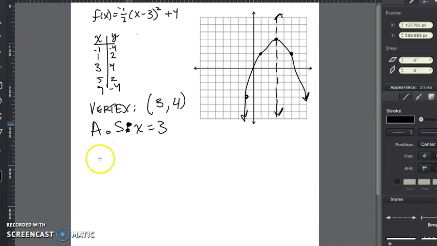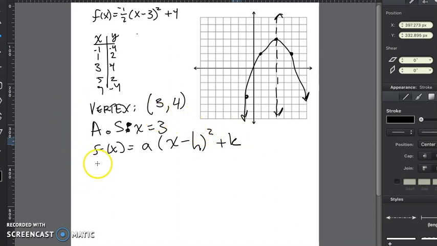I want to talk about the parts of this function. Our vertex form in general is going to be a(x minus h) squared plus k. In this case, our a is equal to negative 1/2. Our h is equal to 3, not negative 3, because it's a negative in its form, so this point is just going to be 3. And then our k is going to be 4 in this case.